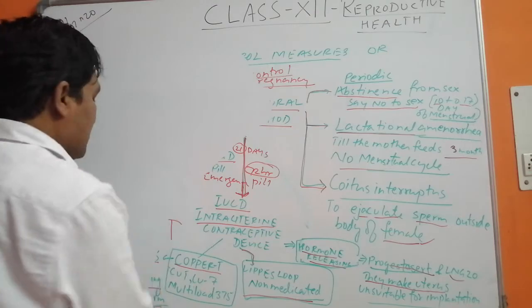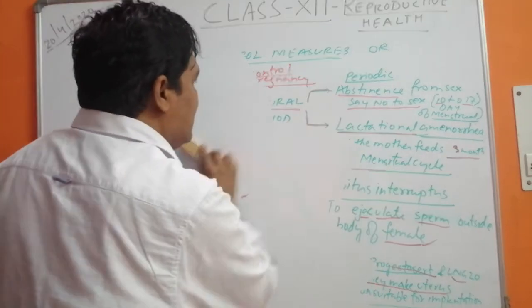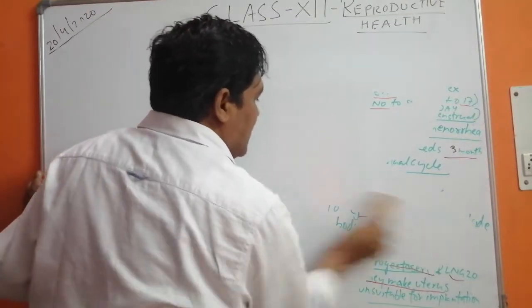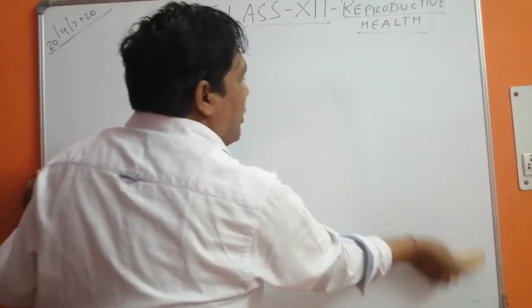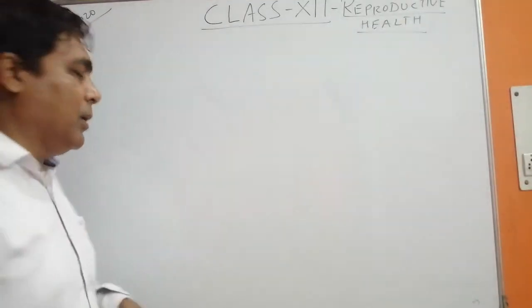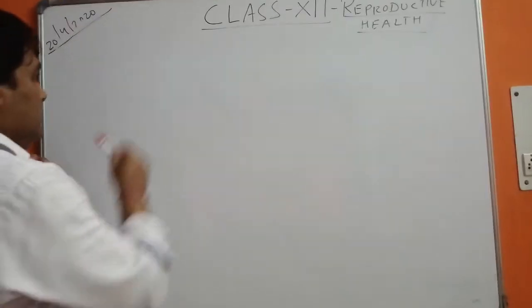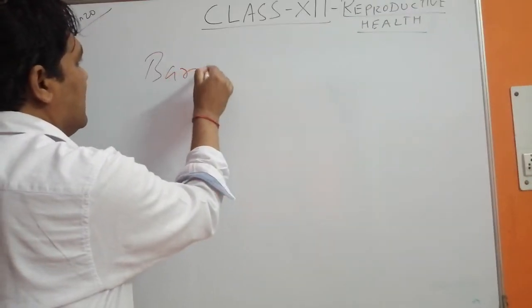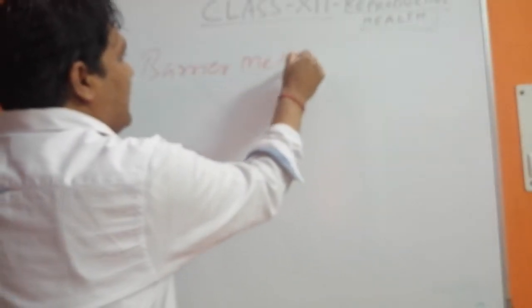One of the most important and most followed methods is the barrier method. When we talk about the barrier method, we are talking about condoms. What is a barrier method?